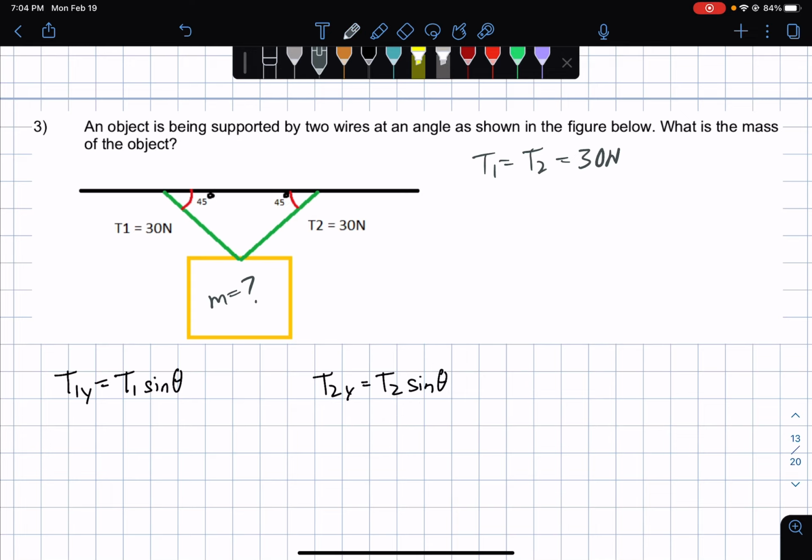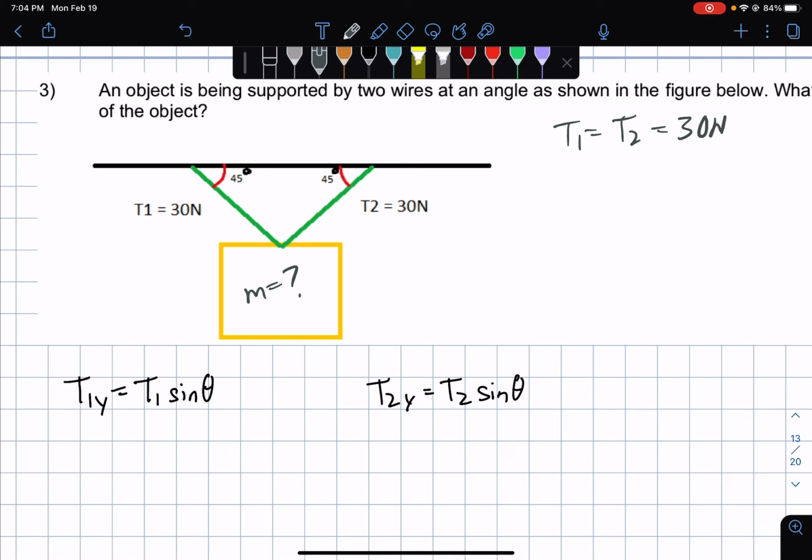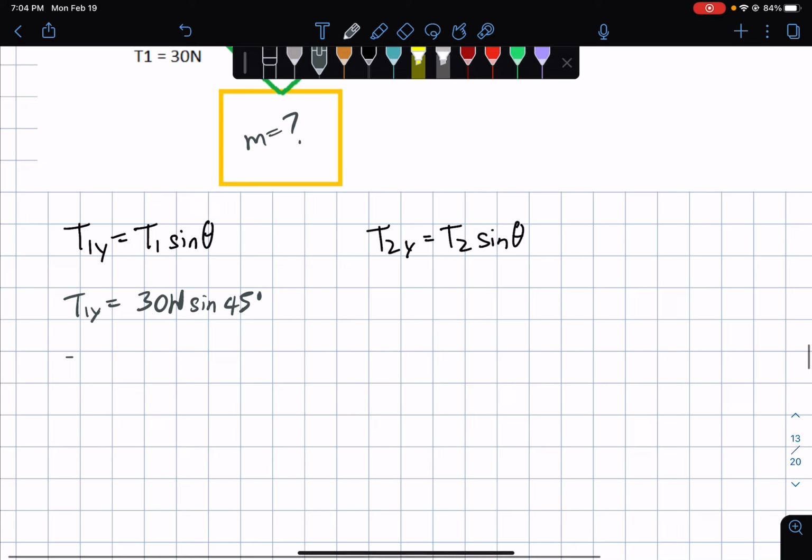So let's go to T1y. We have to look for T1y given that T1 is equal to 30 newtons, and the angle theta is said to be 45 degrees. Now 30 sine 45 will be equal to 21.21320 newtons.